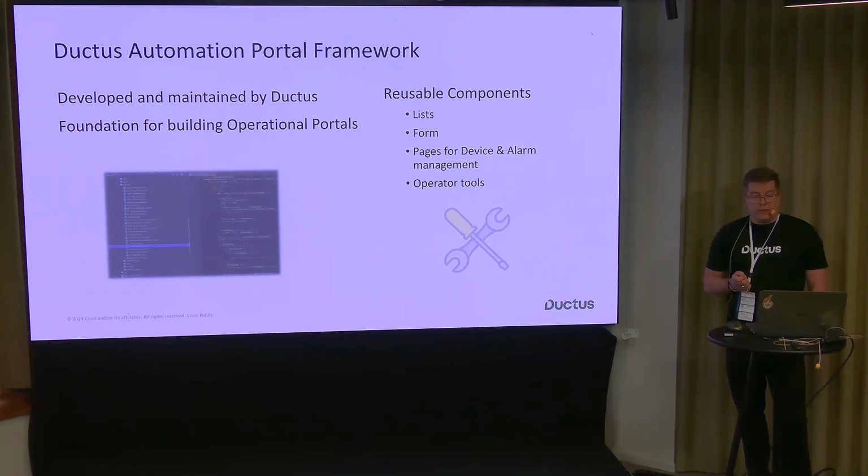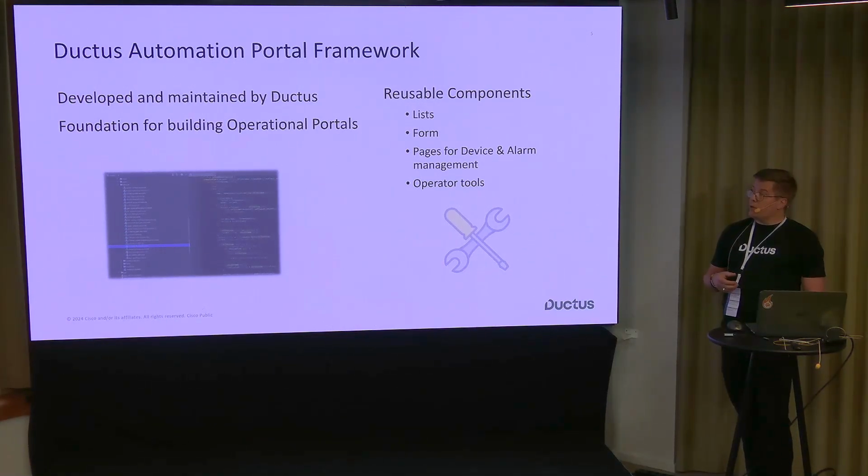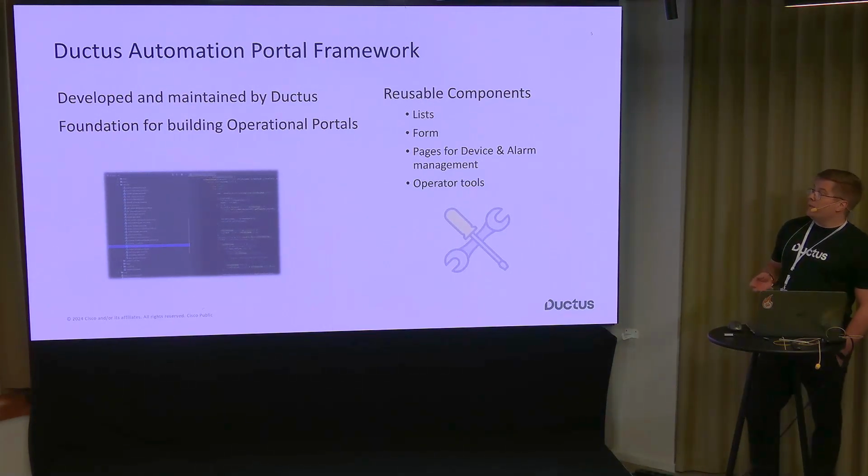So we have something that we call the Ductus Automation Portal Framework. It's developed and maintained by us, and it's our foundation for developing these portals. We have this toolkit, as we call it, and it's our consolidated experience from developing these portals.